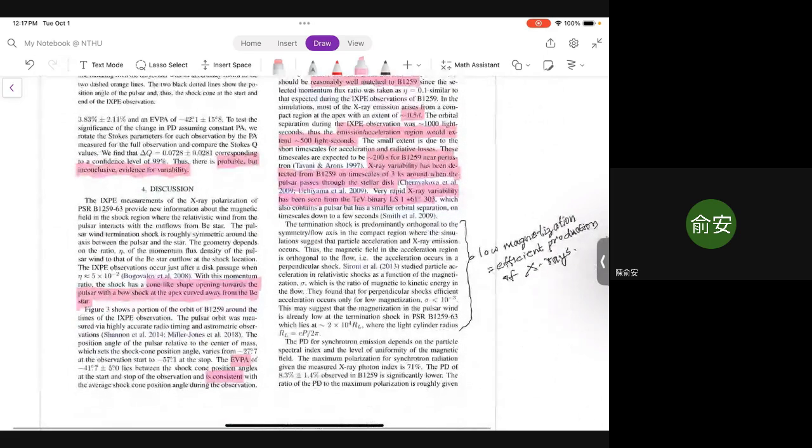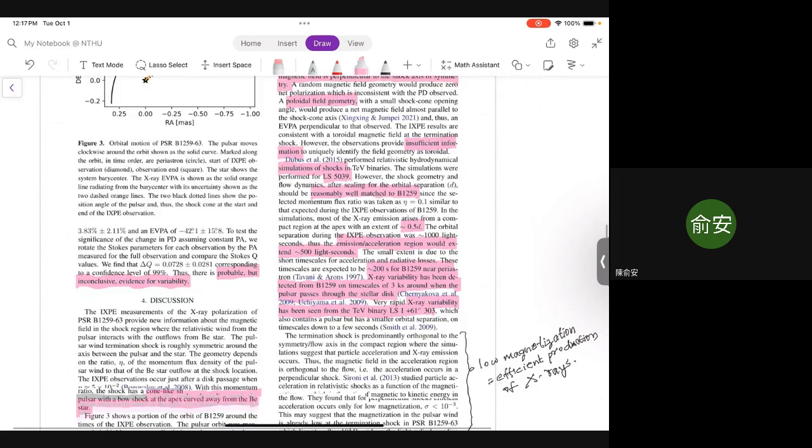So moving to the discussion section, with these properties, one can say that there is a momentum ratio. If you take that, you can check if the cone is shaped towards the pulsar or to the star. Here, the cone is open towards the pulsar with a bow shock to the star.